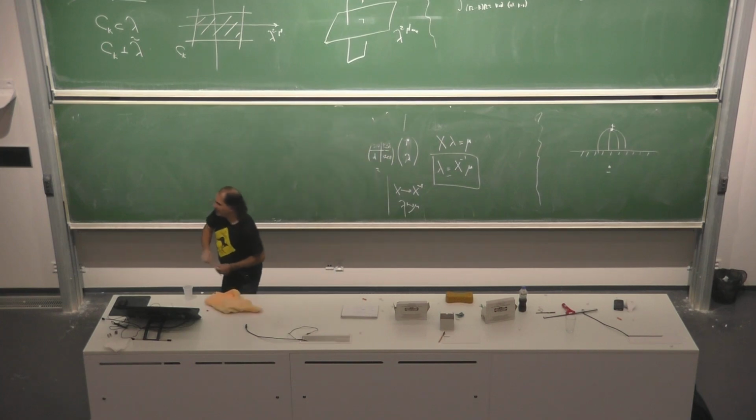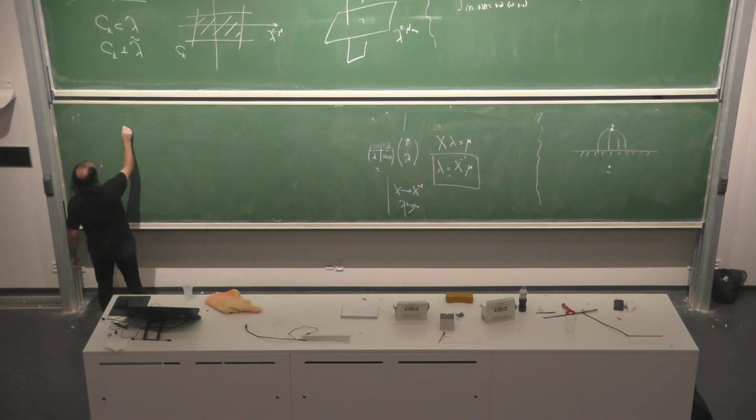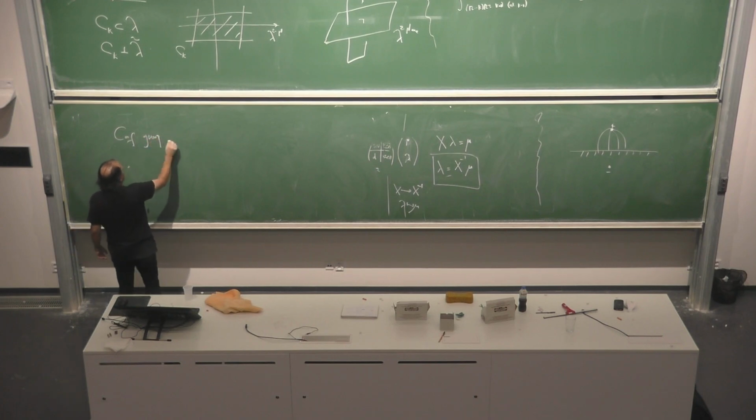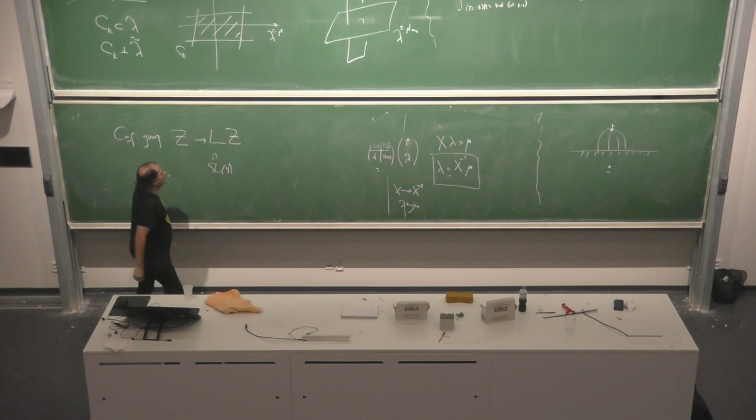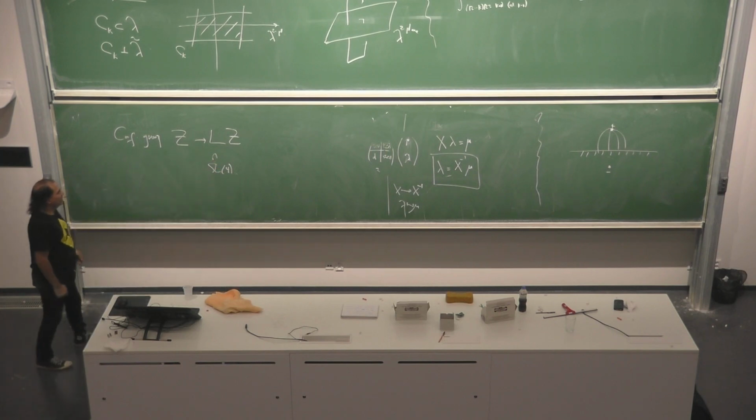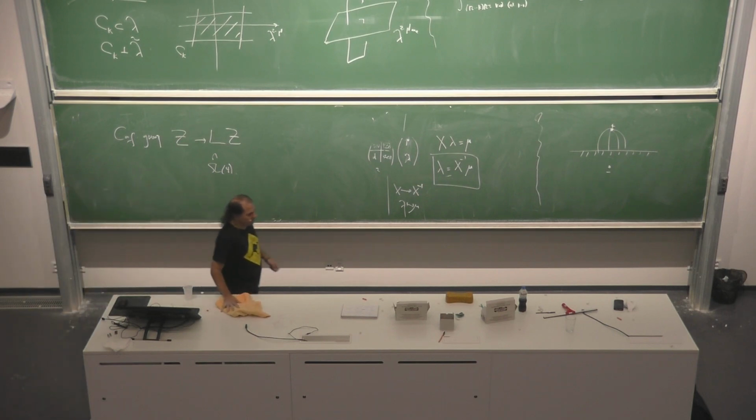Okay, so we have the conformal group is Z goes to LZ, where L is just any 4x4 matrix. Okay, and if there's an overall factor GL4, that's just part of the little group. So we can just think of it as part of the conformal group. All right.